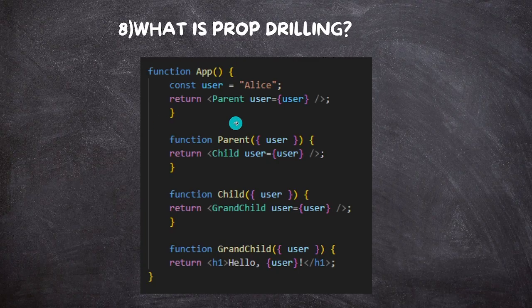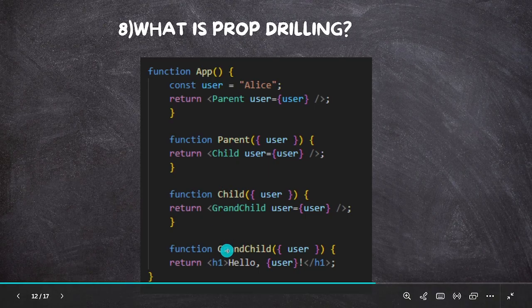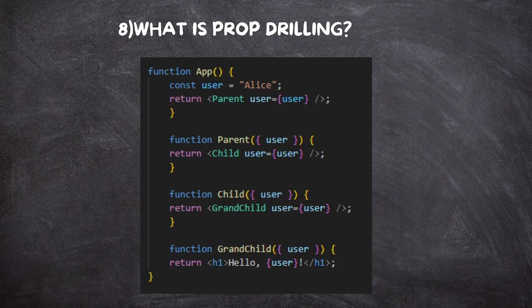Here in this piece of code, the user has to go through app component followed by the parent component followed by the child component followed by the grandchild component, even though the user prop is used only in the grandchild component.